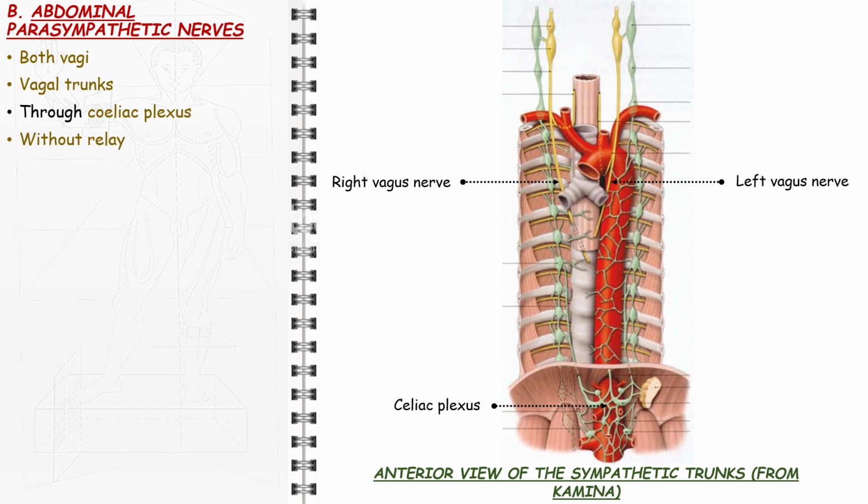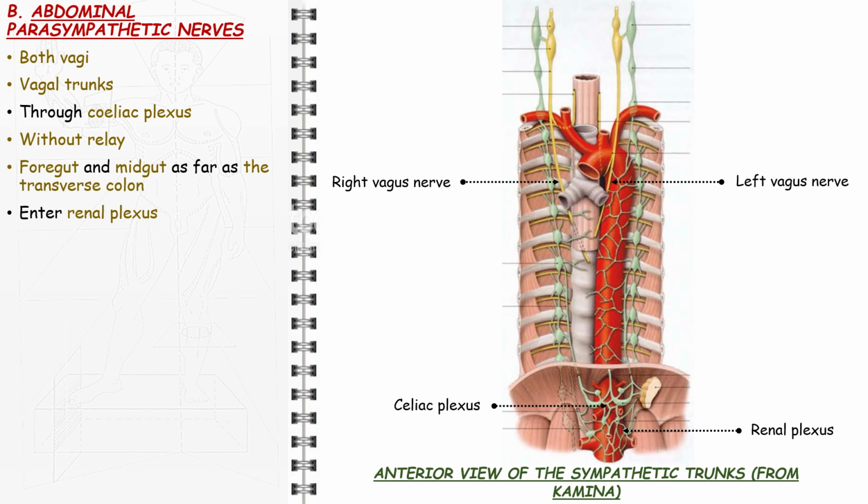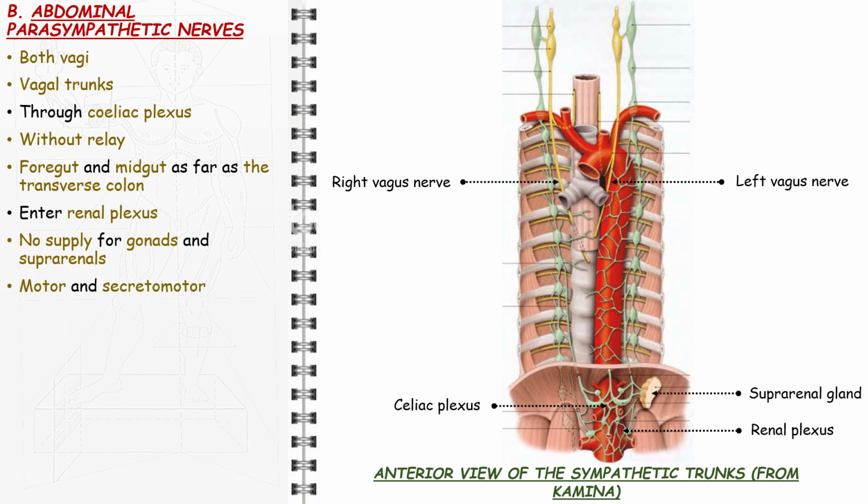To the gut they pass along the foregut and midgut arteries only as far as the transverse colon, no mean feat. However, for a cranial nerve, they enter the renal plexus and pass into the kidney, for a purpose which is obscure. They do not supply the gonads or suprarenals, as far as is known. The vagus is motor and secretomotor to the gut and its glands down to the transverse colon.